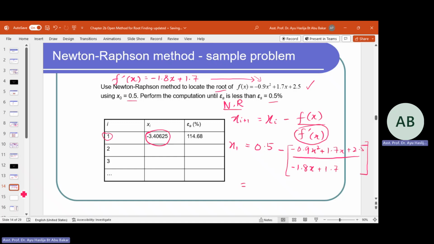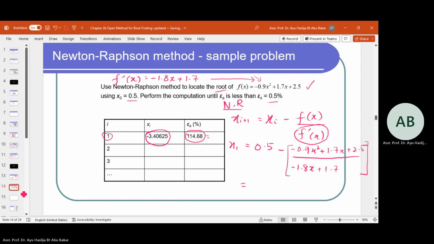Do you get the correct value for x1? Okay, now try to proceed until you get EA lesser than 0.5. The first EA over here, why does it have a value? Because it used the starting point, the x0.